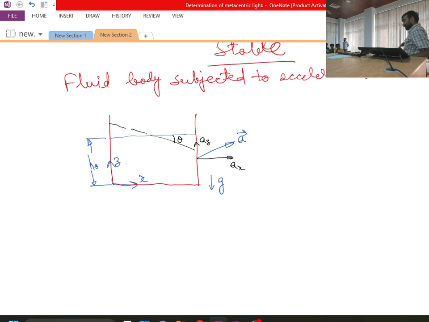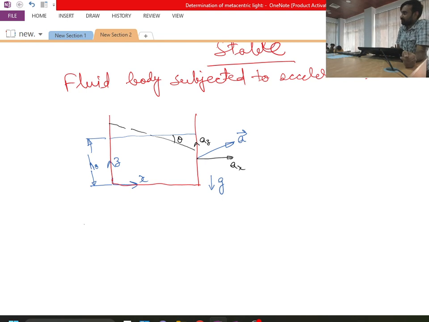Once it has entered the new constant acceleration position, there will be a change in the orientation of the free surface, but whatever new position it takes, it will remain fixed. So once again, a new static equilibrium condition is established. If you recall, when we started fluid statics, I gave you the different forces.